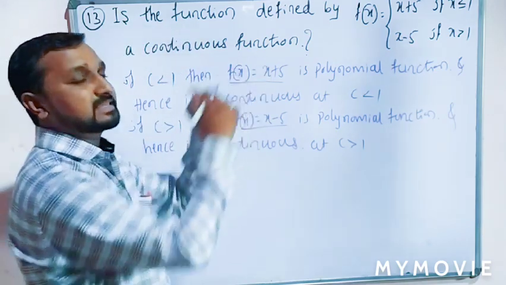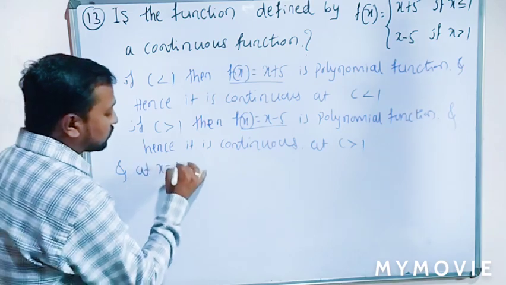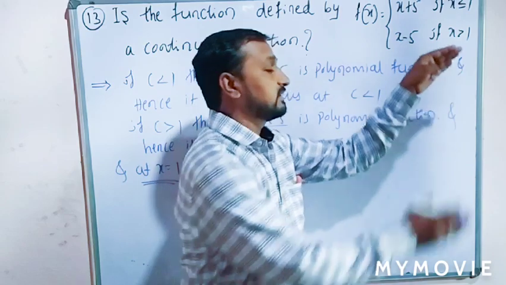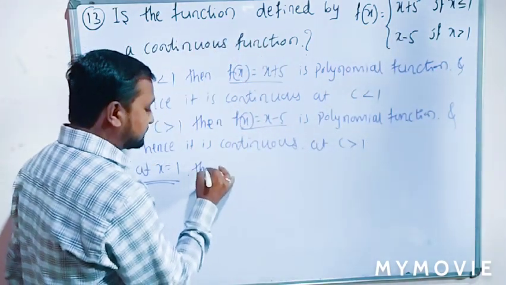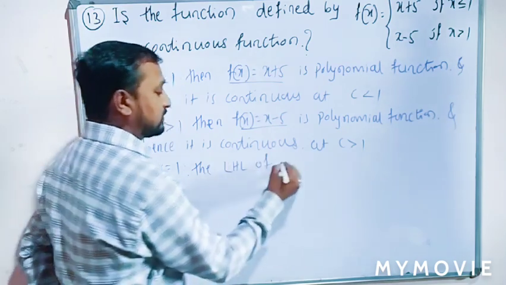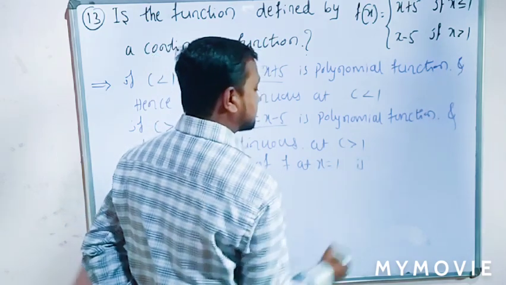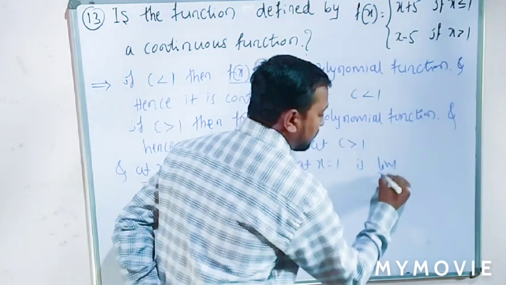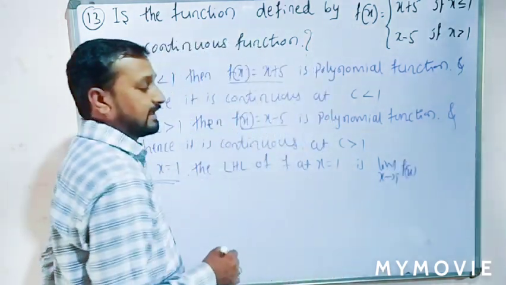Then we check exactly at x equal to 1. At x equal to 1 we check the LHL as well as the RHL. So the left hand limit of f at x equal to 1 is limit of x tends to 1 minus f of x, this is the symbol of LHL.